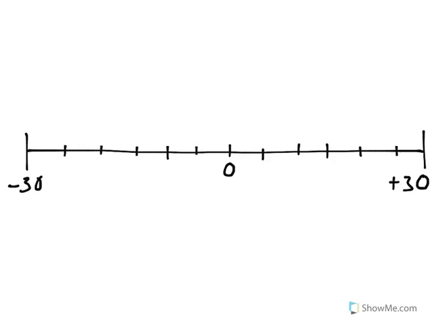So here we have enlarged our scale from -30 through 0 to +30. And you'll remember that the higher the number, the dimmer the object. So dim is going to be over here, and bright is going to be on the left side of the scale. So this is going to be the apparent magnitude scale in the visible band.